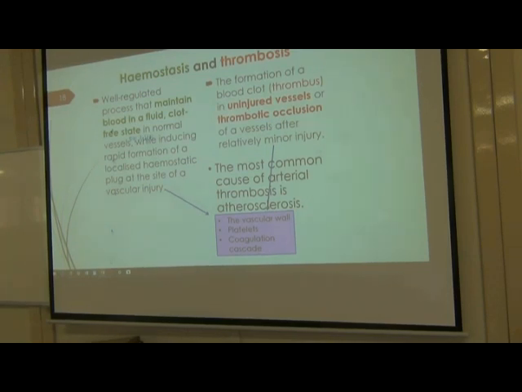So the body tries to ensure that this doesn't happen, that if there is a break in the vessel or the artery, we quickly have it plugged so that we can stop hemorrhage.